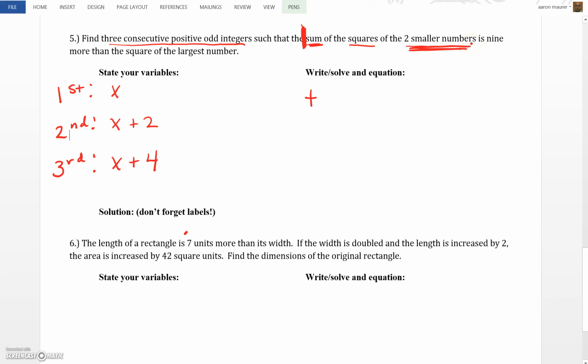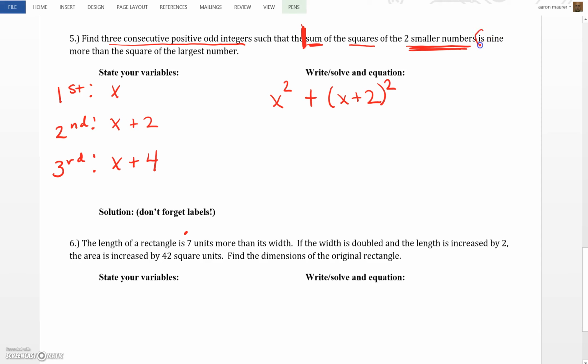So go look over here. The smallest number is x. So it said the square of that, so that is x squared. Then it said to do the square of the next smaller number. So we have x plus 2 here. So the square of that is x plus 2 in parentheses squared.